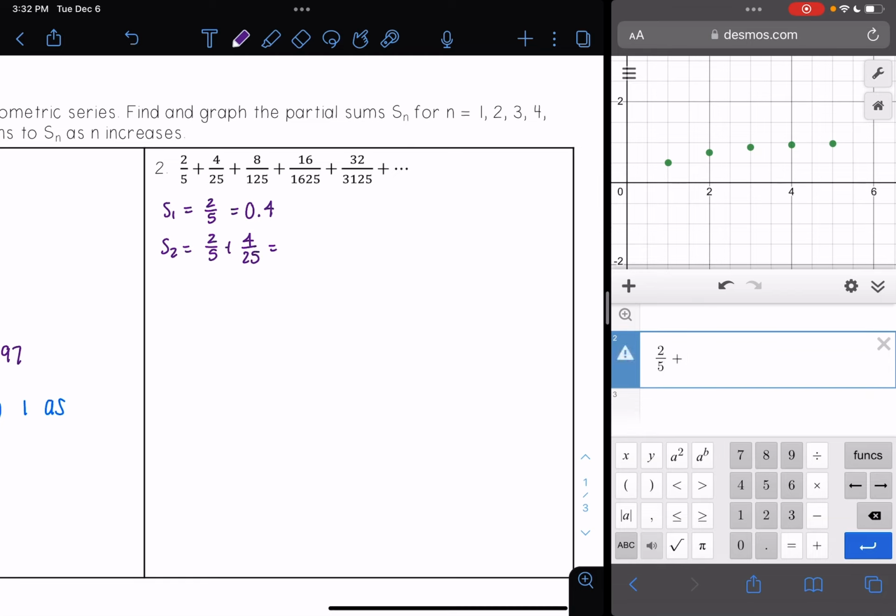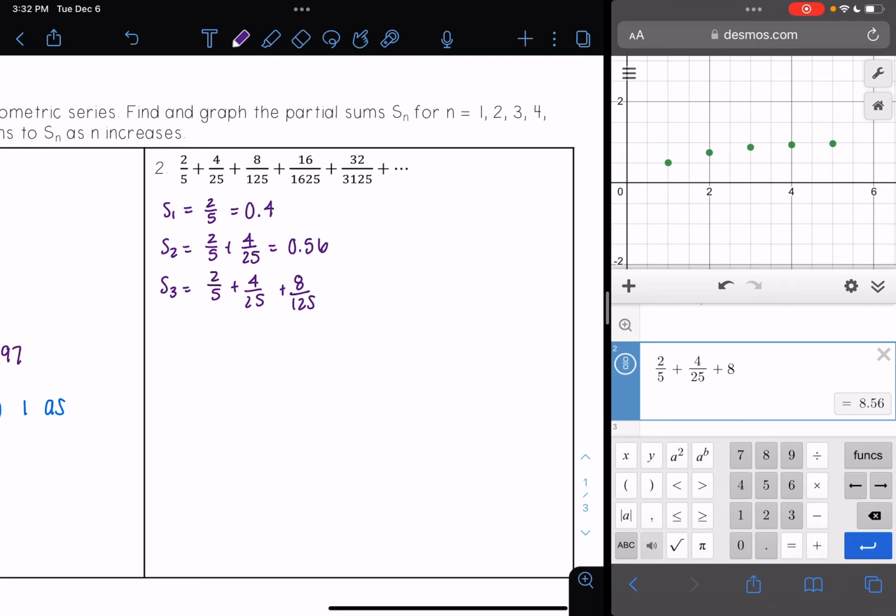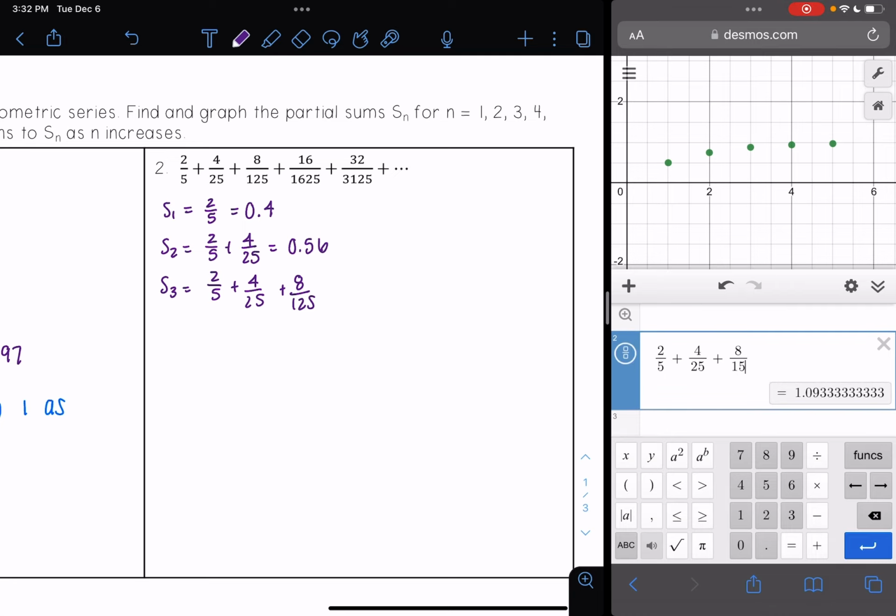And when I enter that in, I get 0.56. S3 is equal to the first 3 terms summed. And so when I add 8/125, I get 0.64.